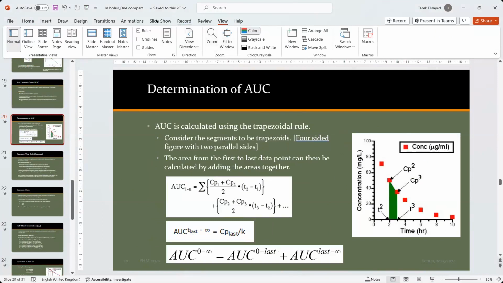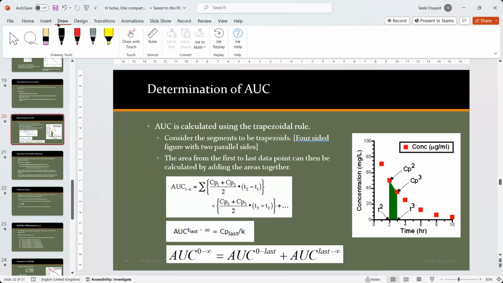And then you calculate the area under the curve from last measured concentration into infinity using this equation. AUC from last measured concentration to infinity equal to CP last, the last measured concentration of drug in plasma, divided by K. What is K? Elimination rate constant. And then you sum these two together.